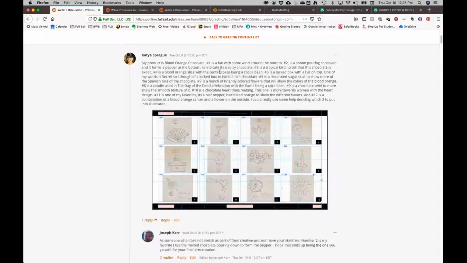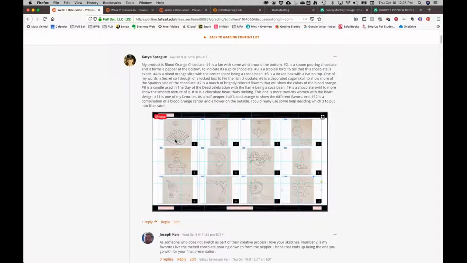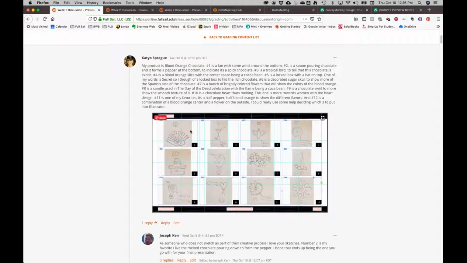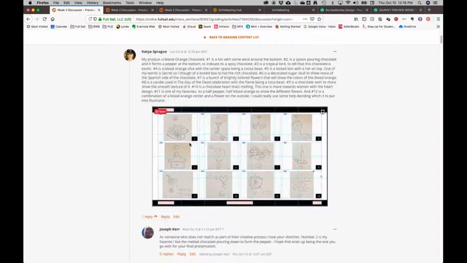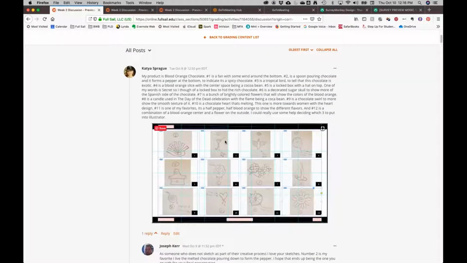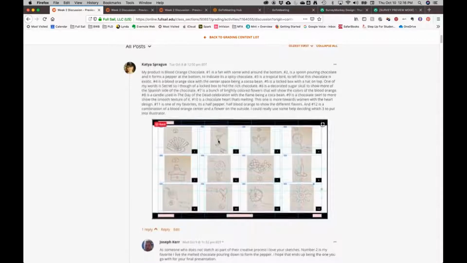All right, so blood orange chocolate, which is sort of a Spanish chocolate. It's got kind of spices in it. So let's see. Number 1, a fan, like a Spanish fan, with some wind around the bottom. Oh, sort of breezing around there. Okay. 2 is pouring chocolate to form a pepper.